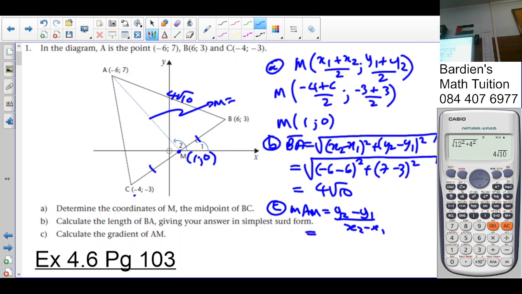For AM, we have the coordinates of A and M. So y2 is going to be 7 minus 0 over minus 6 minus 1. That gives an answer of negative 1. Now, you all agree with that? You all okay with that?